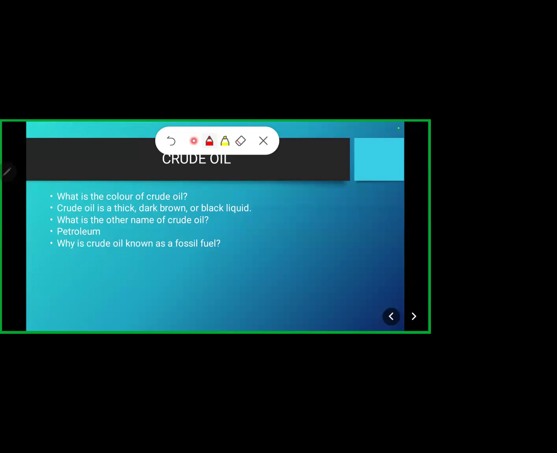Crude oil is referred to as a fossil fuel as it is naturally formed from the Earth's crust and is a carbon compound or hydrocarbon.